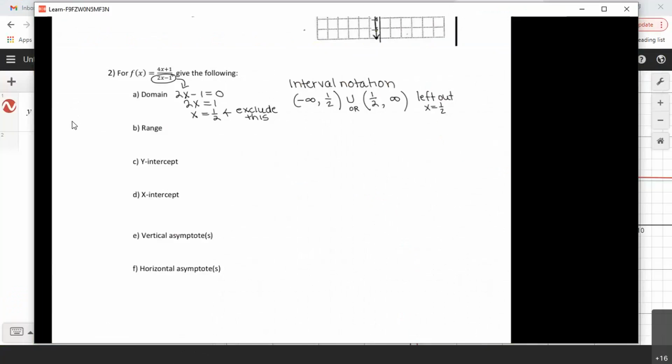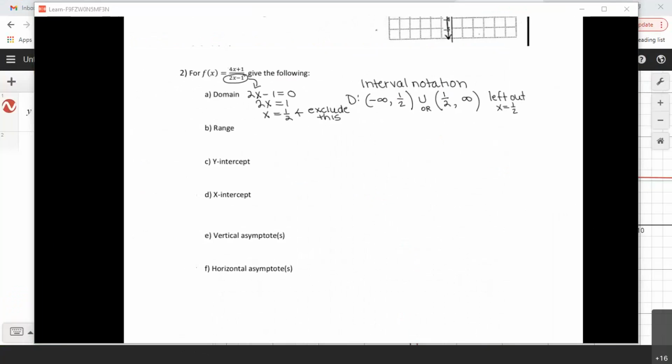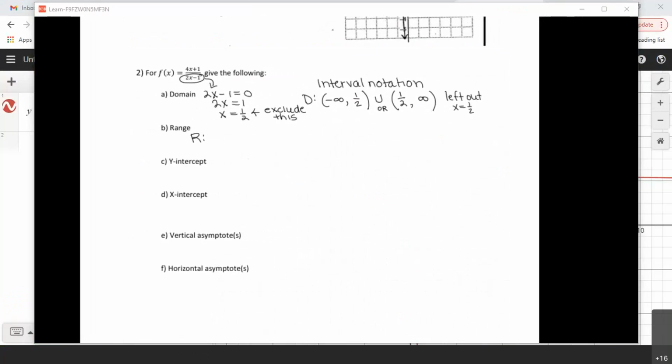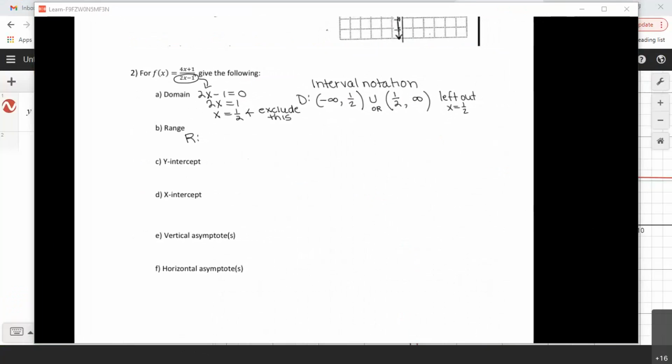All right, so I would basically go over here and say my range is, and it's a good idea to label these things, here's D for domain, R for range. If you're assuming it's a range, then you know these are y values or f of x values. Negative infinity up to and not including 2, just above 2 all the way out.